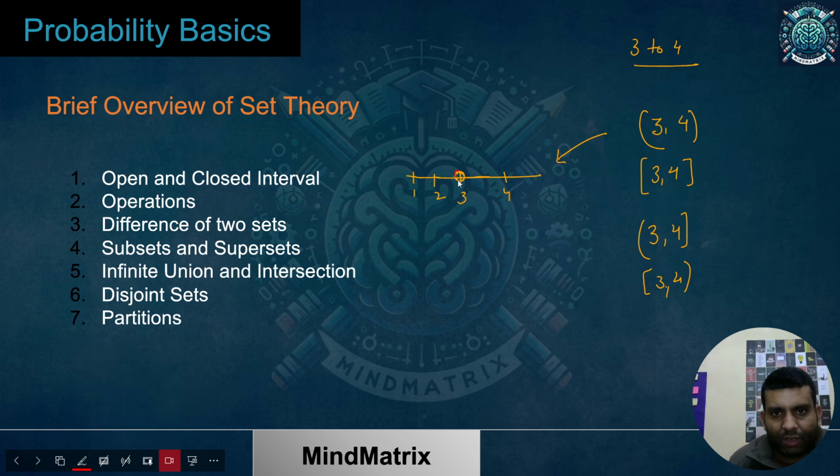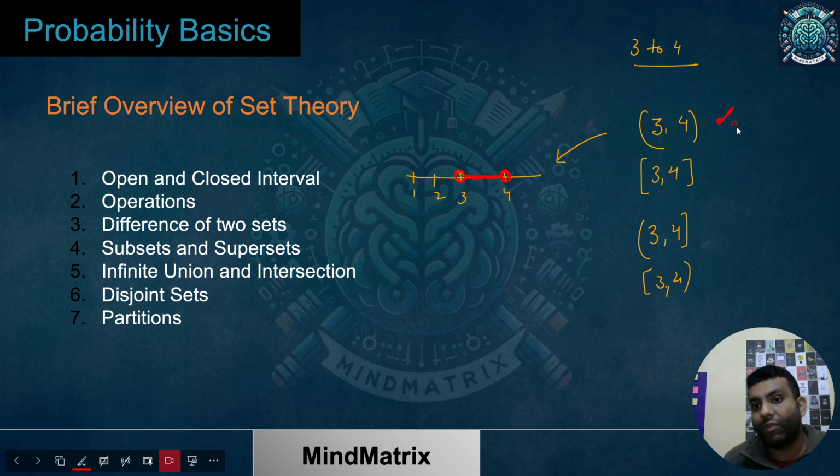The numbers included in this interval or range will be represented by this. It means 3 and 4 are not included, and whatever numbers lie in between them are part of this range.